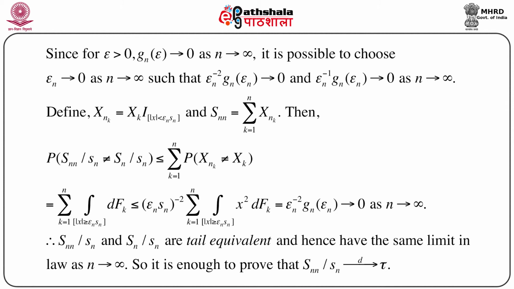Again, define a new random variable denoted by xnk, which equals xk times the indicator function over mod x less than epsilon n Sn, and we define Snn in terms of xnk, that is, Snn is summation k equals 1 to n of xnk.